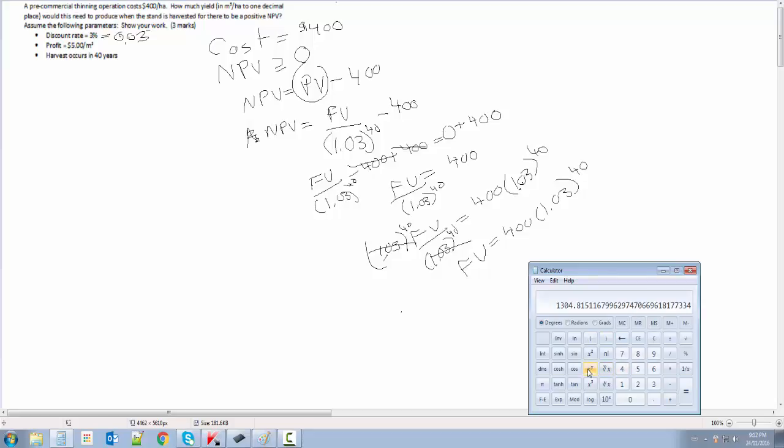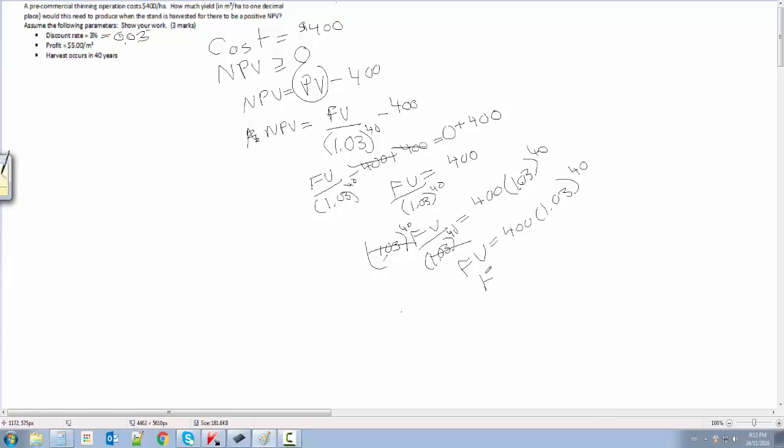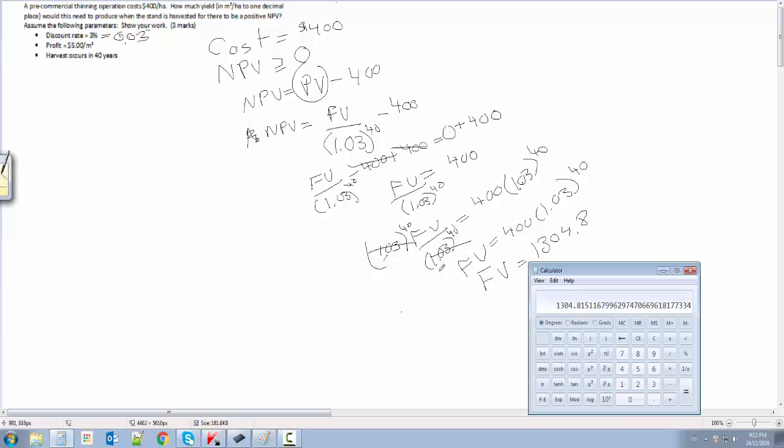Enter, and we get our future value. So future value equals 1304.8... yeah, 8.2.